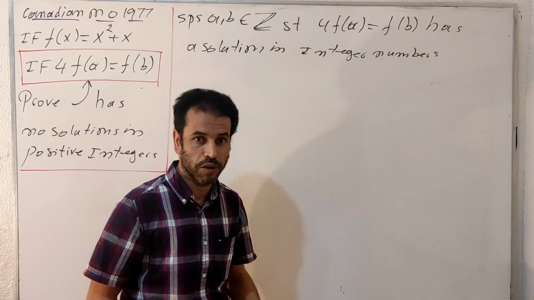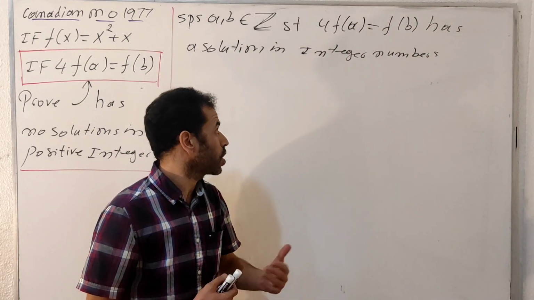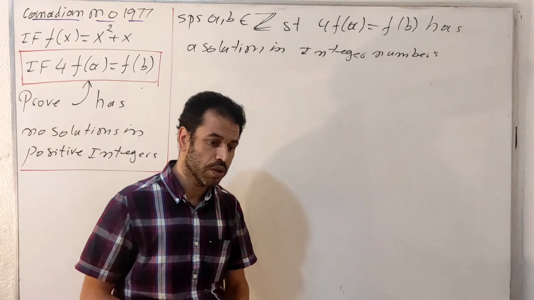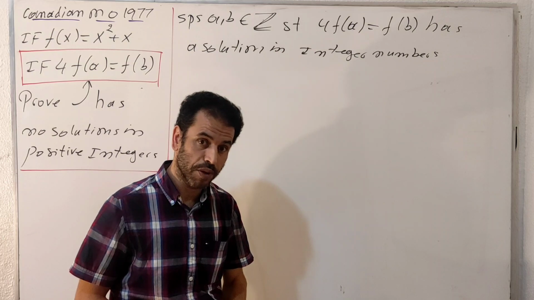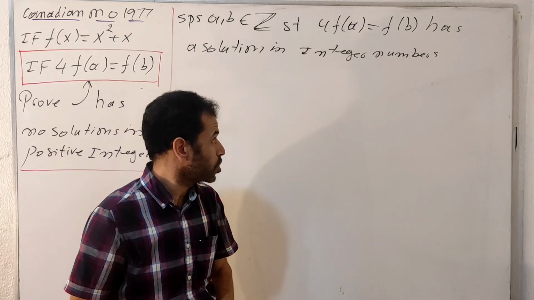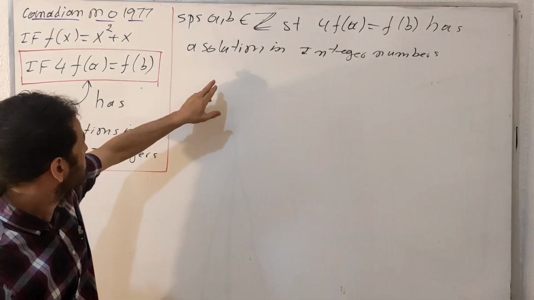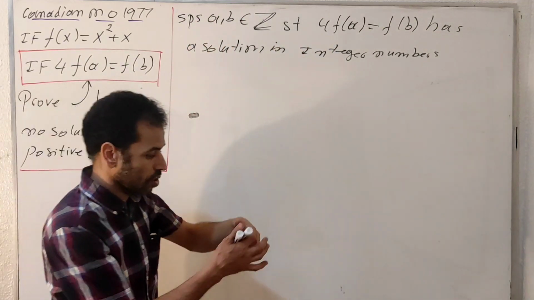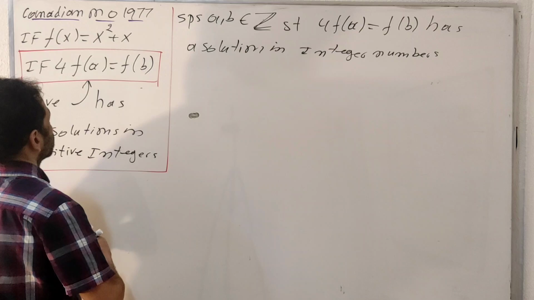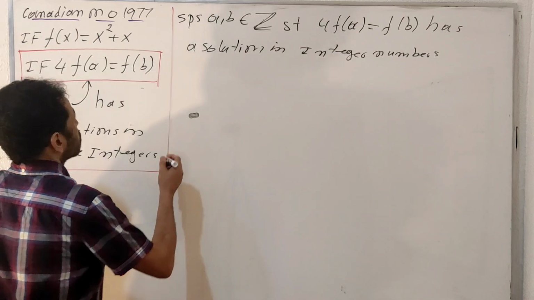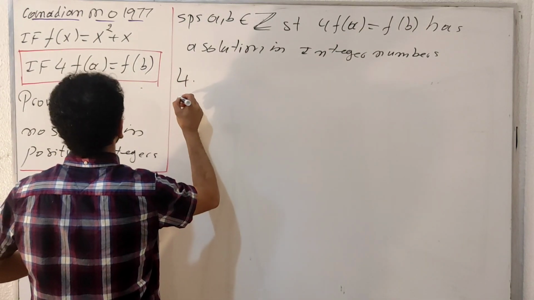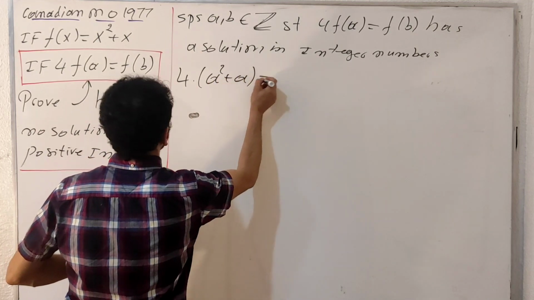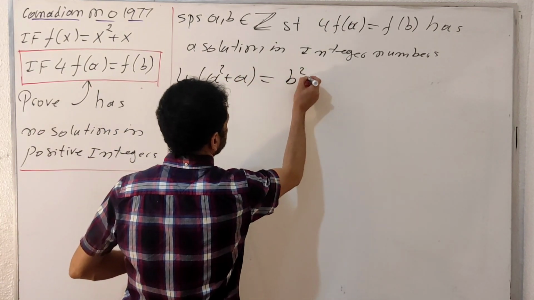When we are talking about integers, we are talking about arithmetic and number theory, so we are going this way. At some point, we will find it impossible to have a solution for this equation in integers. I'm simply going to replace x with a and b, satisfying this equation. So we'll have 4 times (a squared plus a) equals b squared plus b.